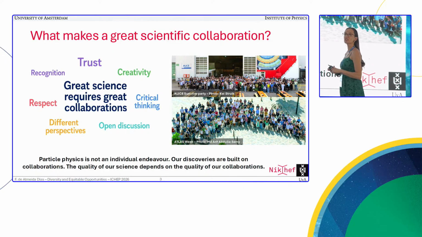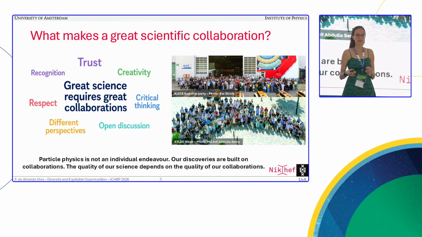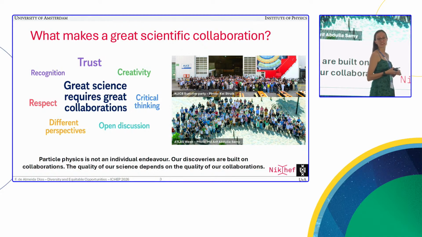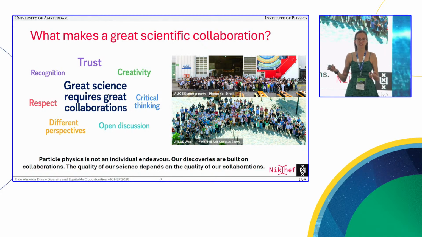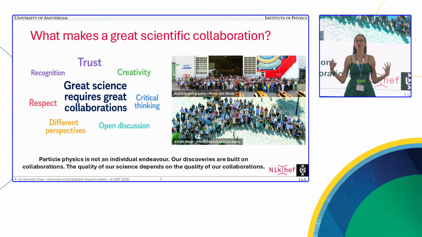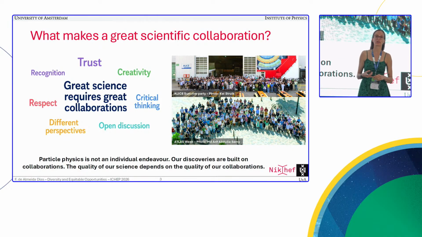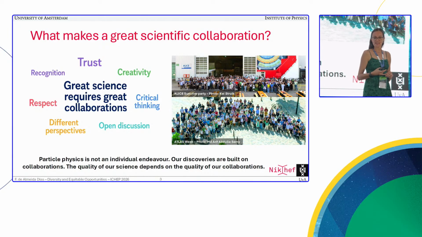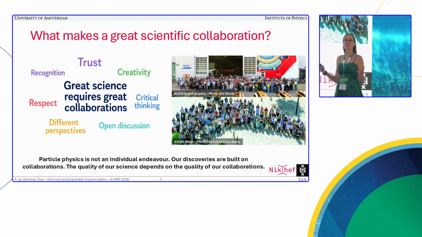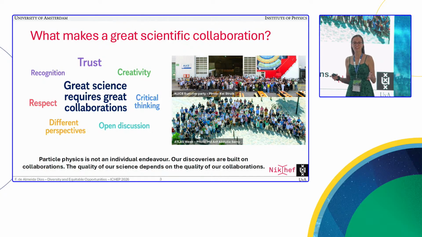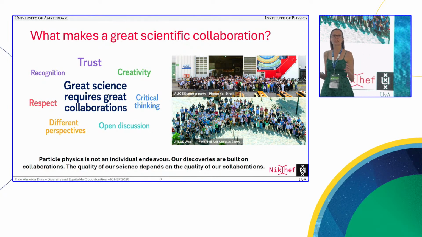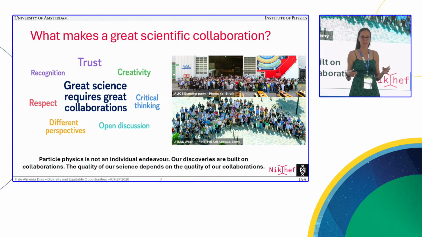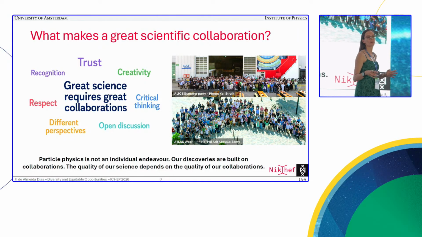But it's also important that your collaborators have other things, such as creativity and trust and critical thinking. It's important that we all feel recognized within a collaboration, that we respect each other, that we have open discussions, and that we have, very importantly, different perspectives that we can bring into this. So the idea here is that all of our discoveries are currently built on collaborations, and the quality of our science, or the quality of the new physics we can discover, really relies on the quality of the collaborations that we build.